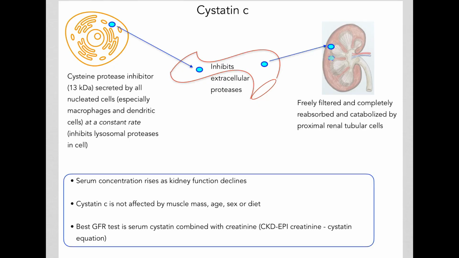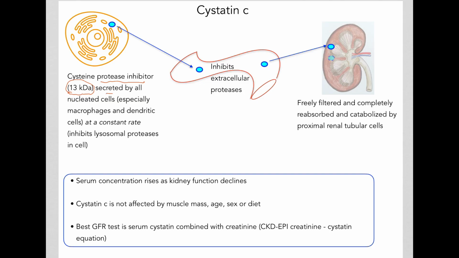Besides creatinine, there is another marker for glomerular filtration rate, and that is cystatin C. This cystatin C is a cysteine protease inhibitor. It is a small molecule, 13,000 molecular weight.